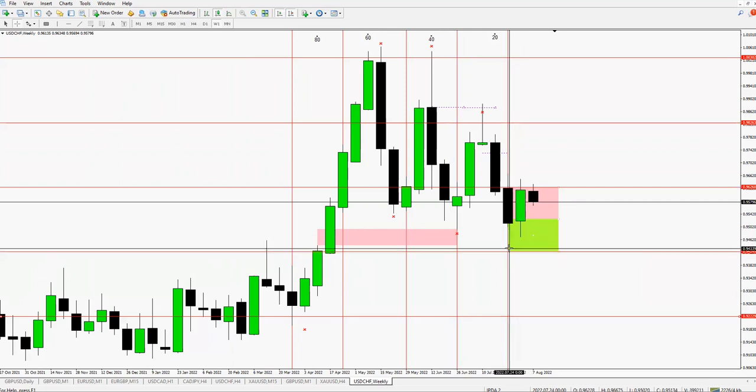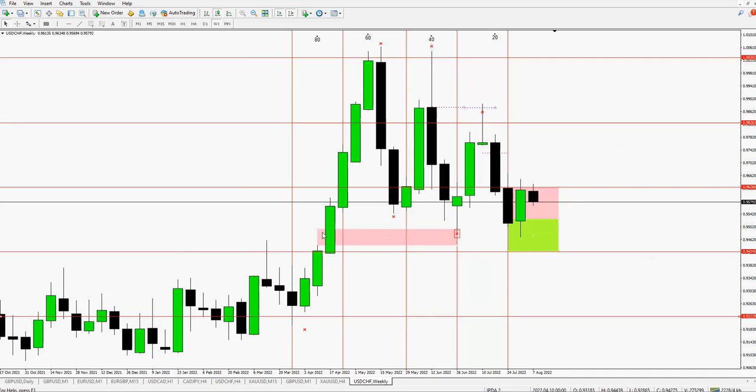Oh, sorry, it actually closed most of it because I didn't see that wick over here. This wick actually goes right into that void there. So the low of this here is 95.020 and the high over here is 94.439.